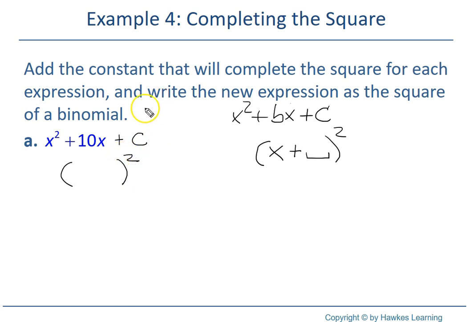Now that special technique that we've mentioned a number of times, that we will square this binomial. Well, the first thing we do is we square whatever is here to get x squared. So this is just going to be x. And then we use the sign that's in the middle. And then what do we do to get our middle term?